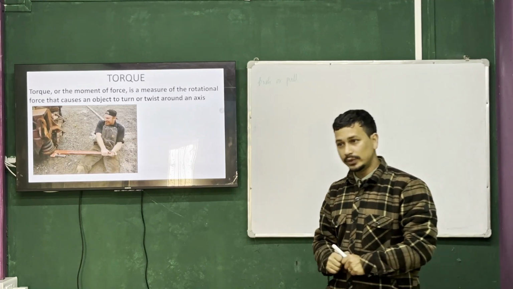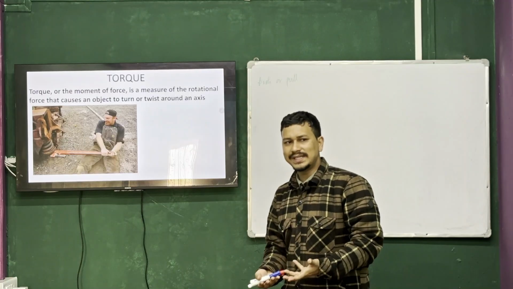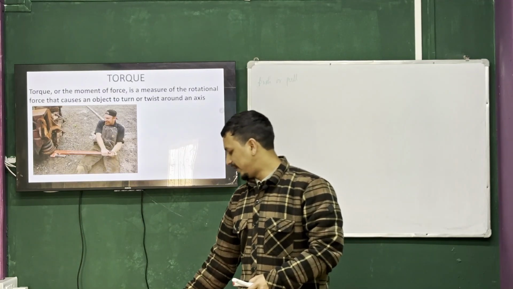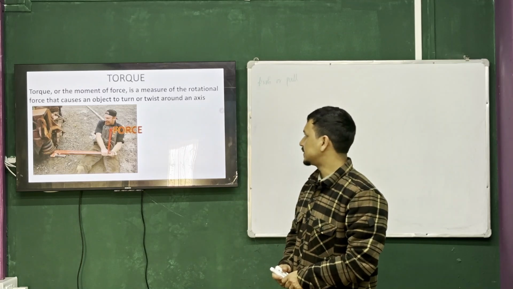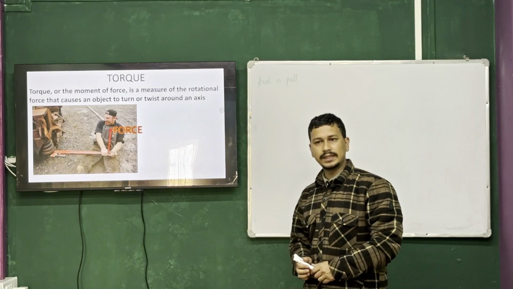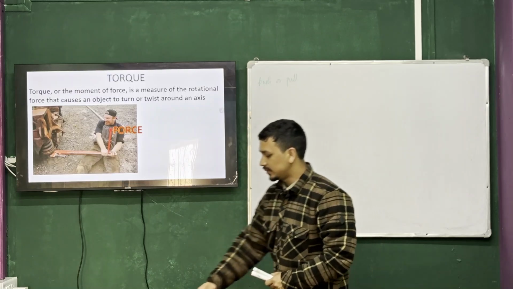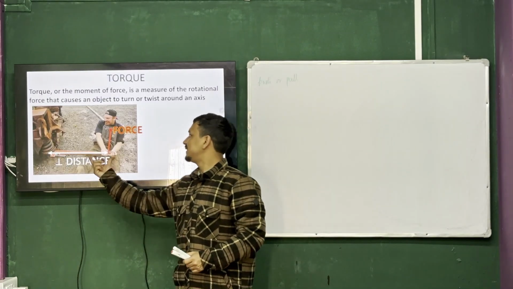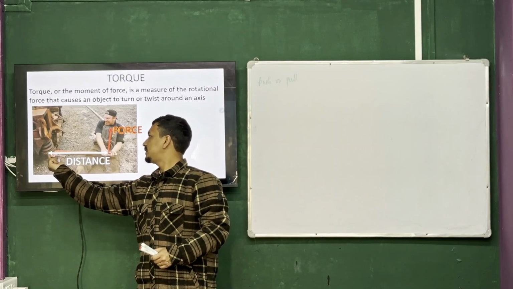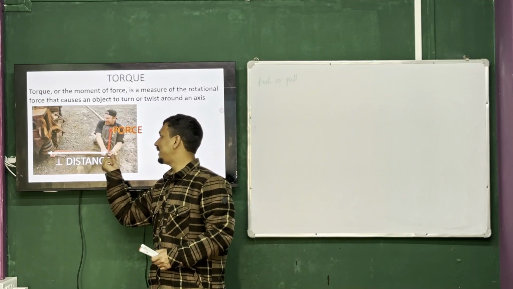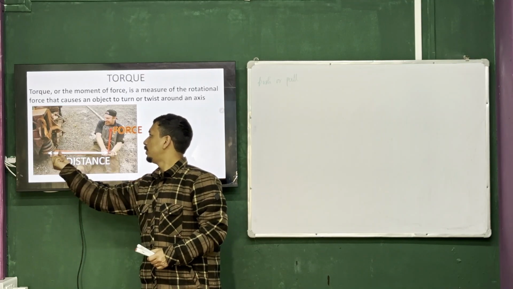Very good. One will be the force. The more force he applies, the more the torque. What about another one? Yes, it also depends upon the distance between the pivot and the point of application of force, meaning where he is applying the force.